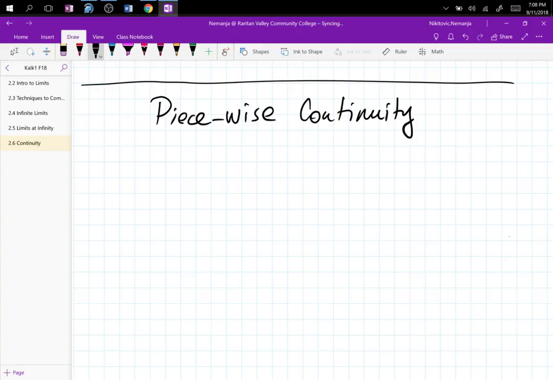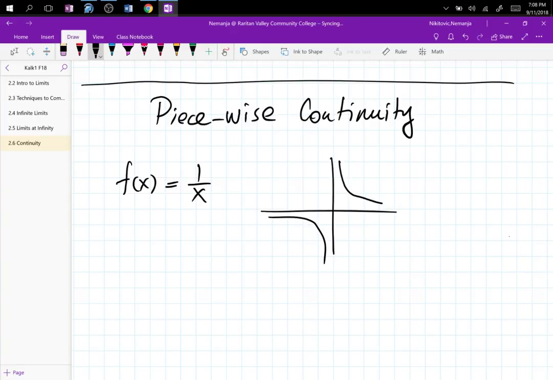So let's take a look at the most used and abused function, 1 over x. As I draw the function here, continuous or discontinuous?